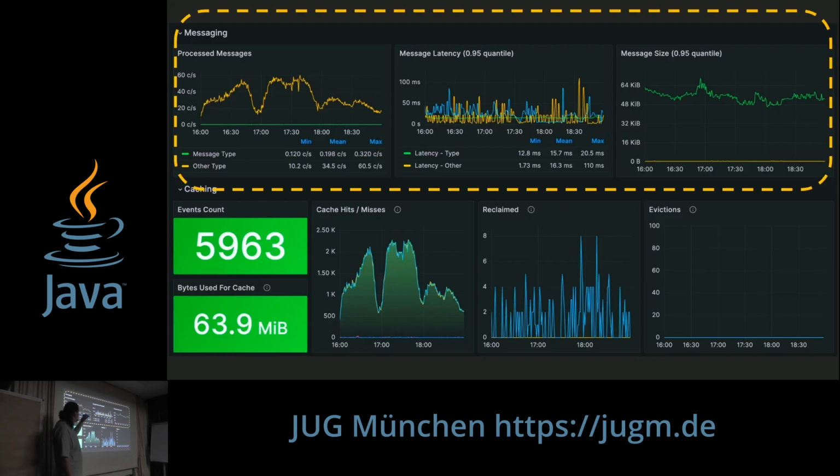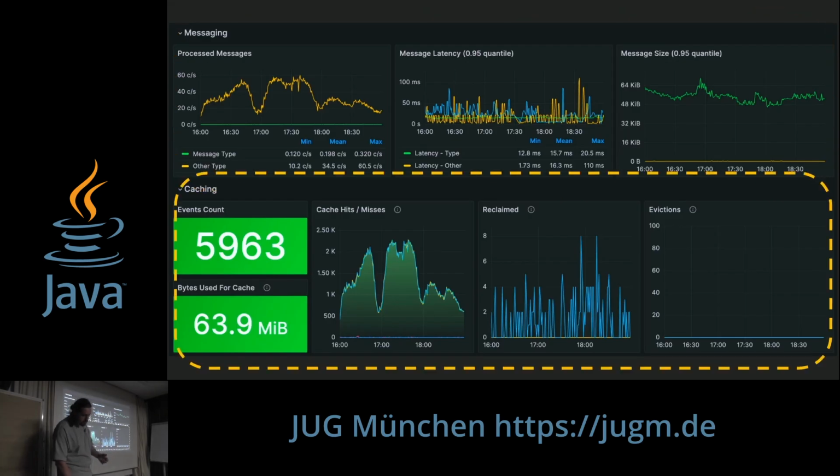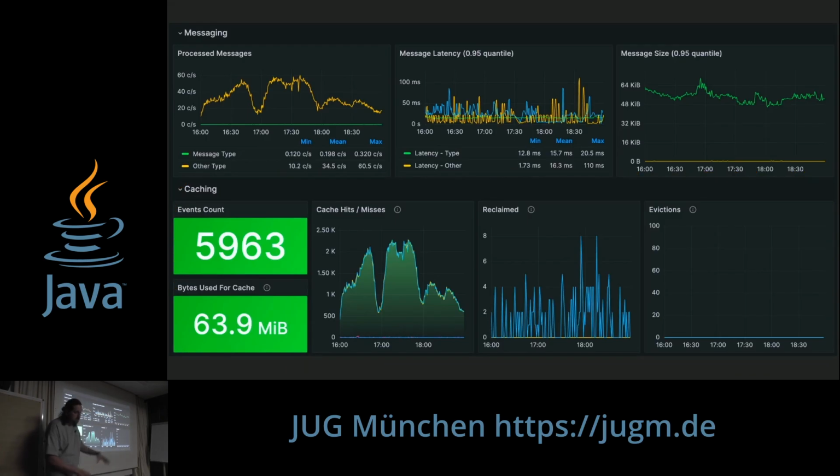Message size, message latency, everything you want to know about your messaging system, right? Then you have another group, the caching, and everything you want to know about evictions to understand how it is going in your cache, how it is doing. And together it tells you a more complete story about your service in general.